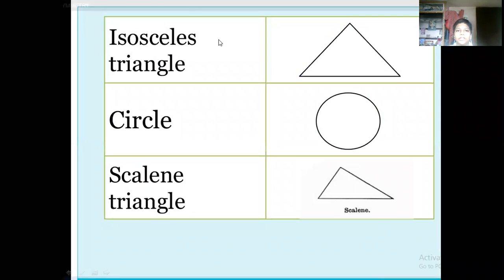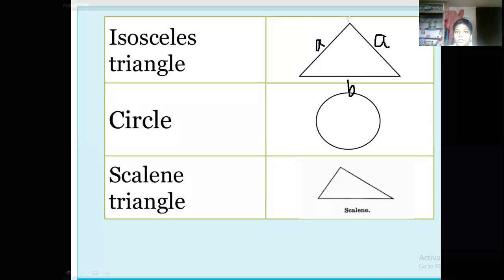Isosceles triangle. The condition of the isosceles triangle is that the first two sides are equal and the last side is not equal. So in such a case, there will be only one line of symmetry. Now A, this line will be equal to this line.